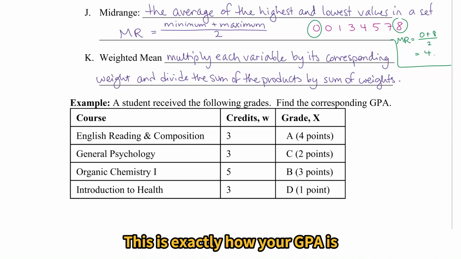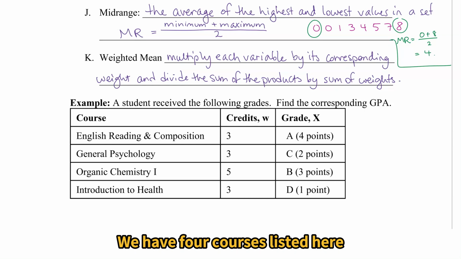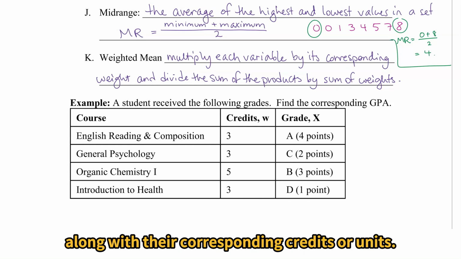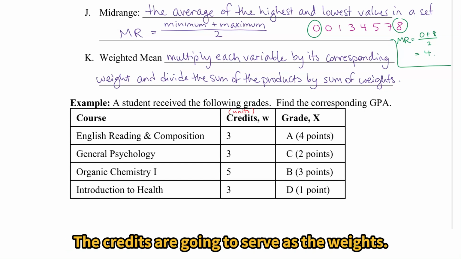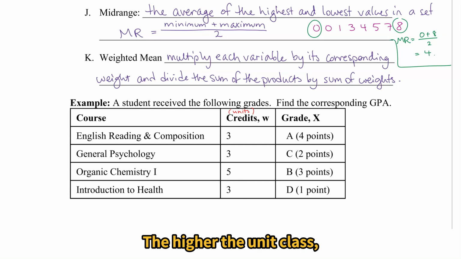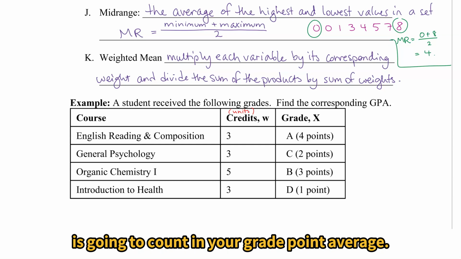This is exactly how your GPA is calculated on your transcript. We have 4 courses listed here, along with their corresponding credits or units. The credits are going to serve as the weights. The higher the unit class, the more that grade is going to count in your grade point average.